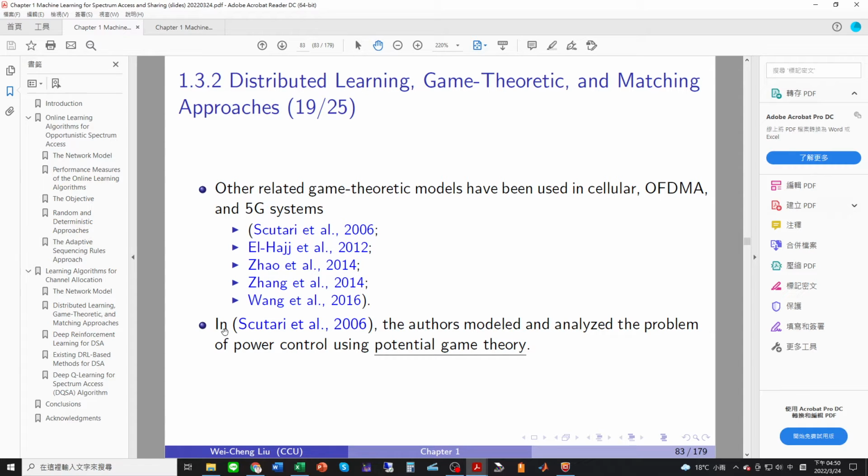Okay, in Scutari et al. 2006, is this the first related work? The authors modeled and analyzed the problem of power control using potential game theory. What is the potential game theory?